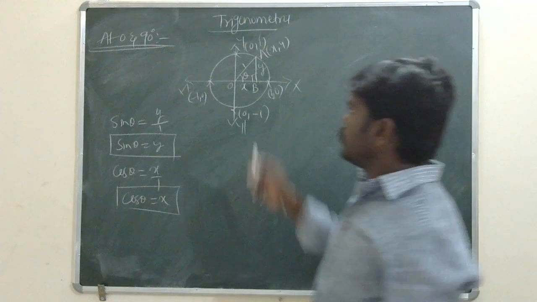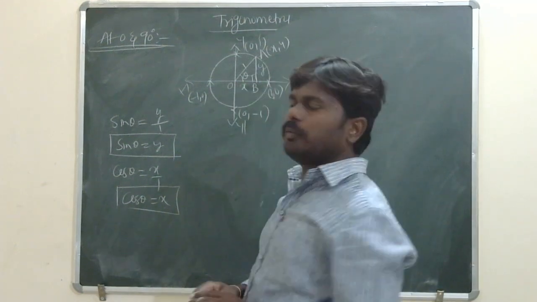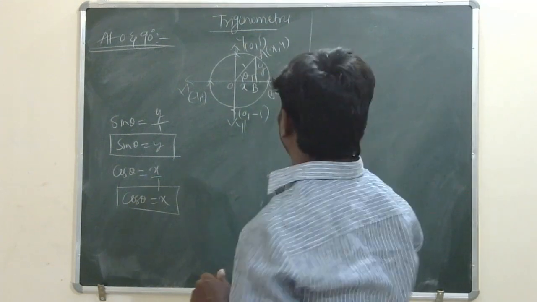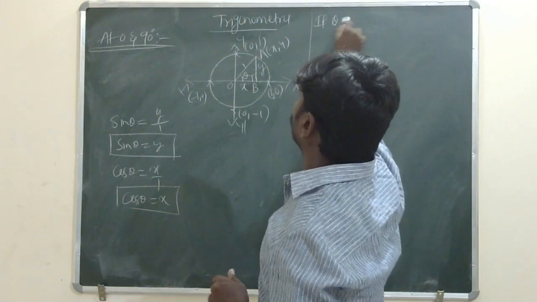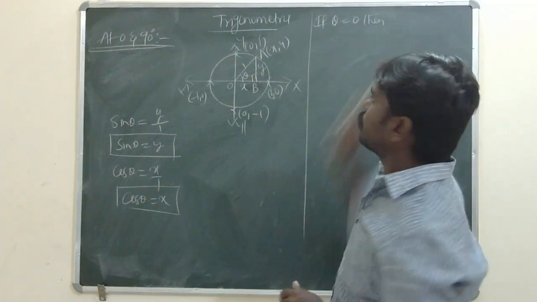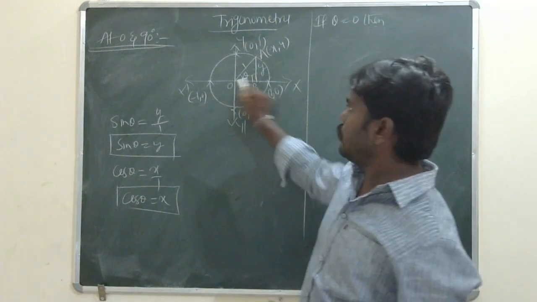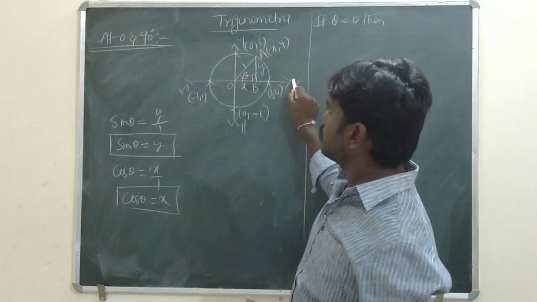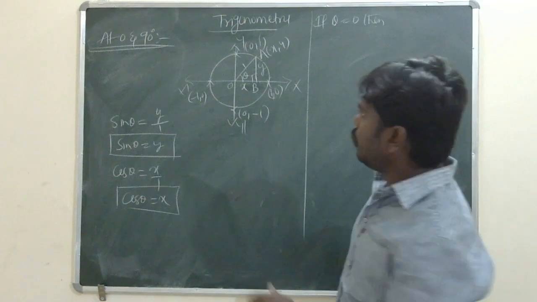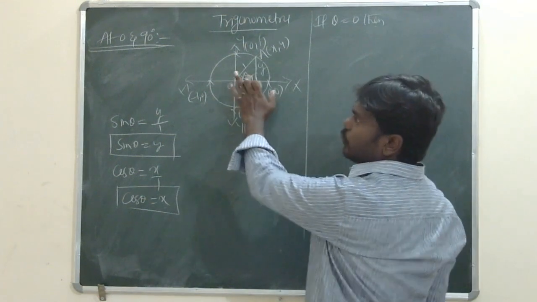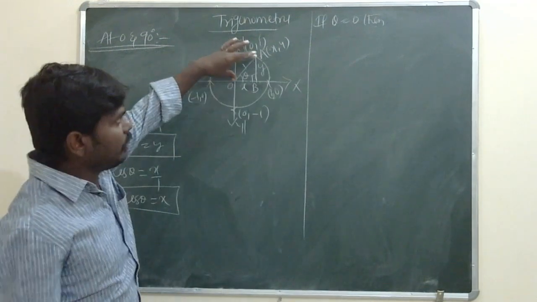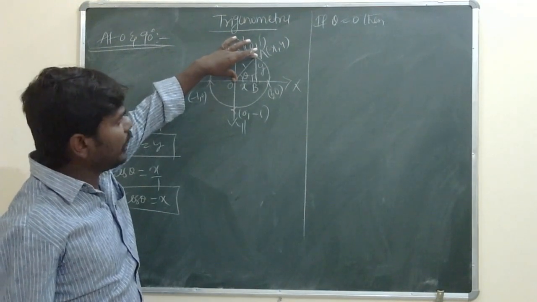Okay. So now we will see the trigonometric ratios at 0 and also 90 degrees. Now this has some measurement, means some angle here. When the angle theta is equal to 0, what will happen, that we will see. So this is the initial side, and here OA is the terminal side. When we make the angle theta equal to 0, we have to rotate this OA to this side.